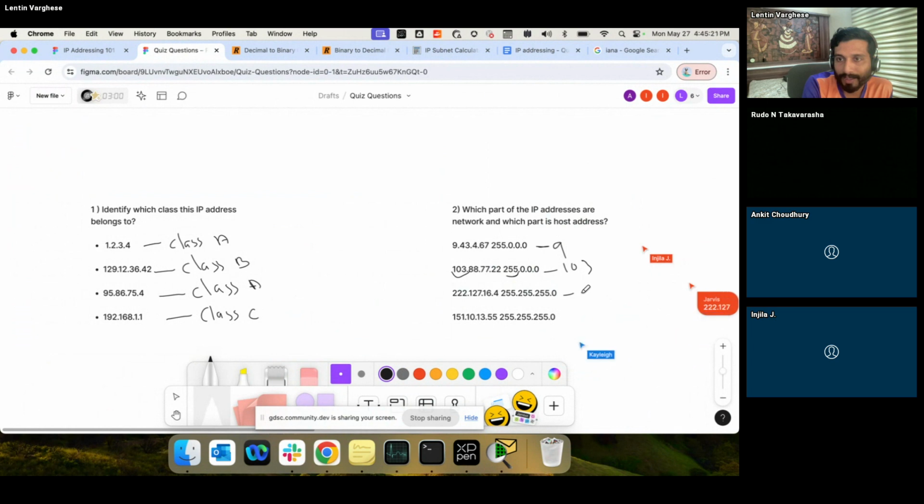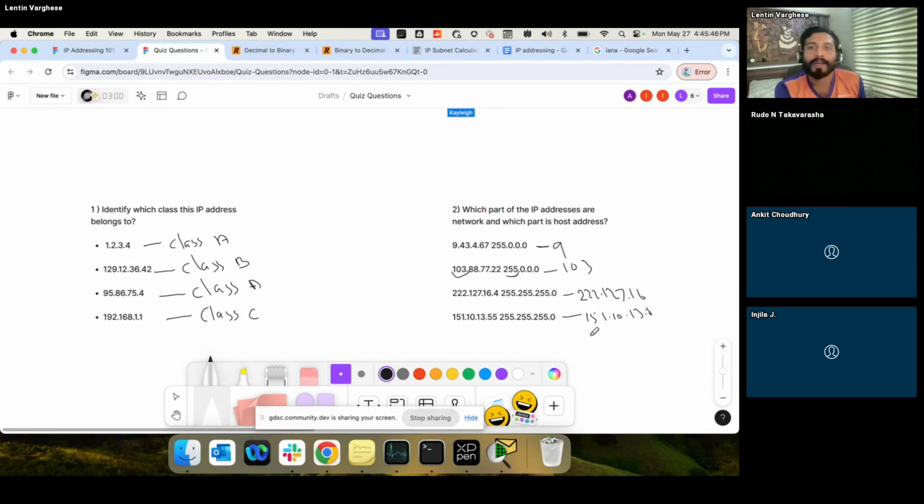222. Yeah, you got it, Jarvis. The first three octets are representing the network portion, hence that. The fourth one is okay. Yep, got it, Jarvis. 10.13 is the network portion for this IP address.